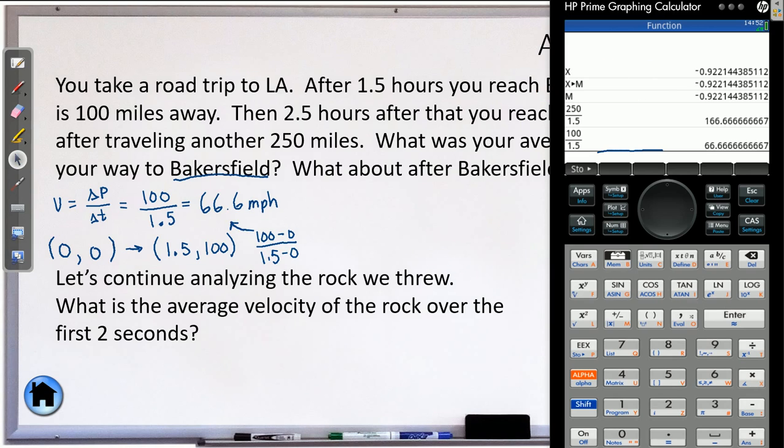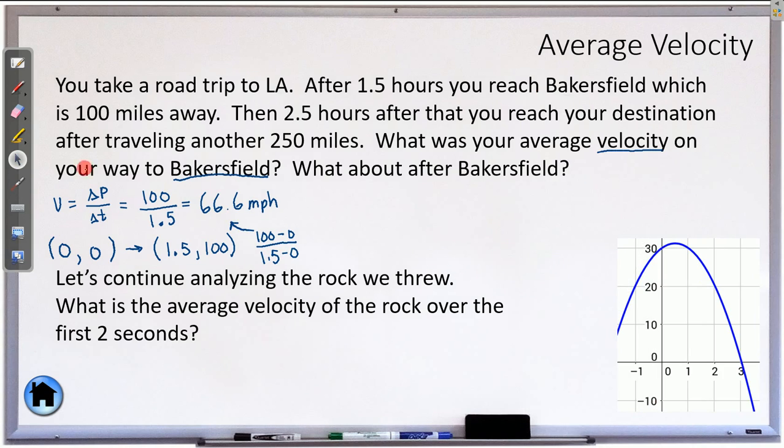Now for the next one, we are definitely going to have to start with the slope between 2 points because we aren't starting at 0, 0. So 2.5 hours later, we reach our destination.